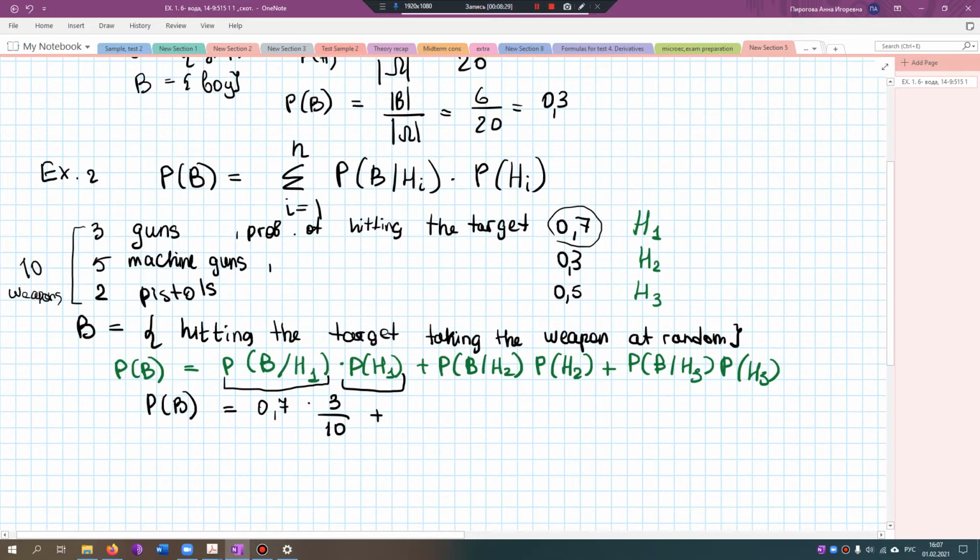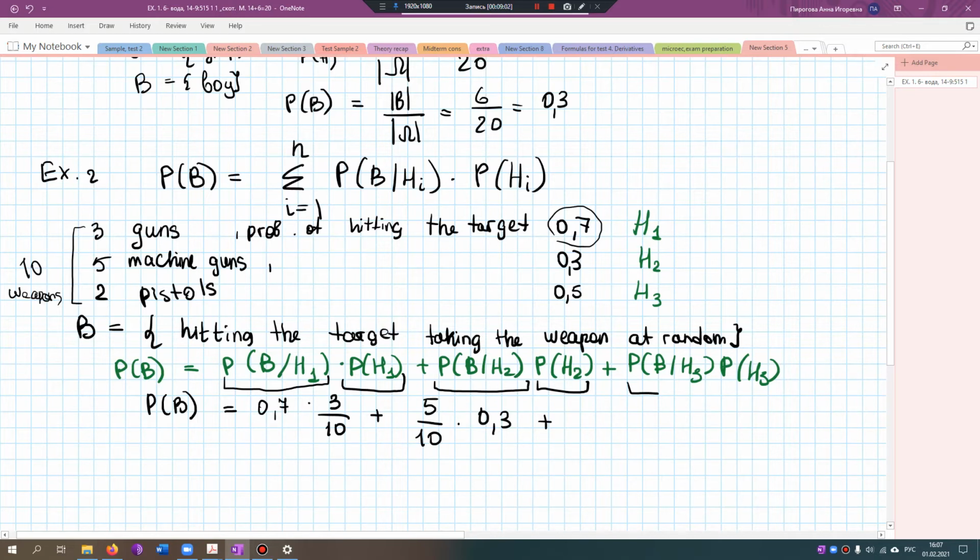Then, again, we need to find the probability of having a machine gun. We have 5 machine guns and 10 weapons, and we multiply it by the probability of hitting a target with a machine gun, 0.3.